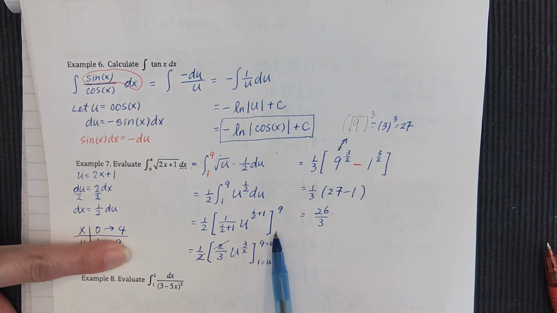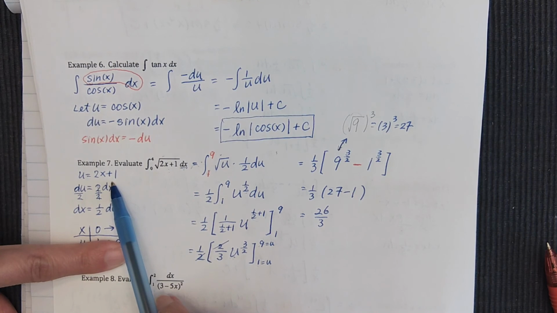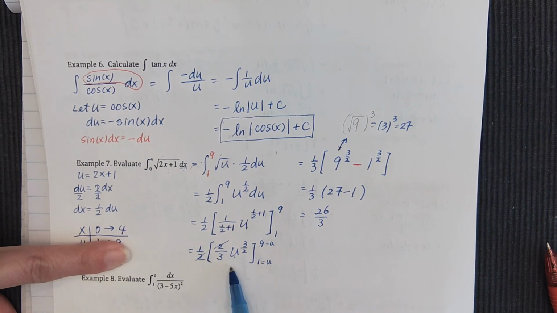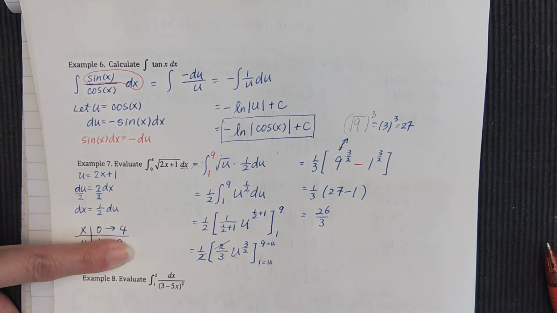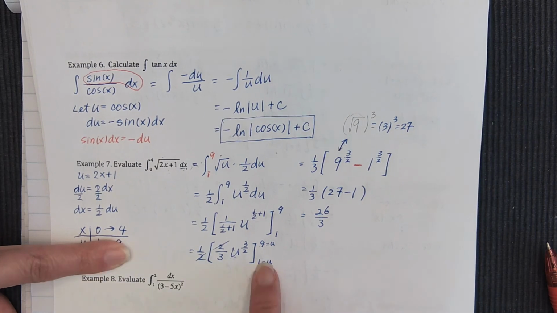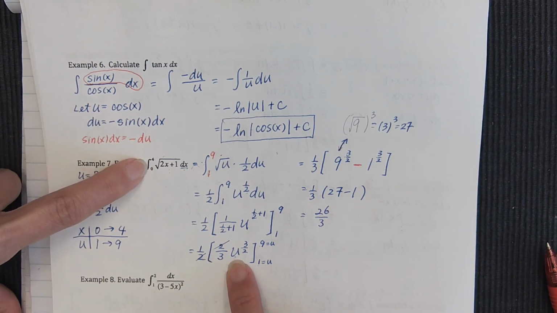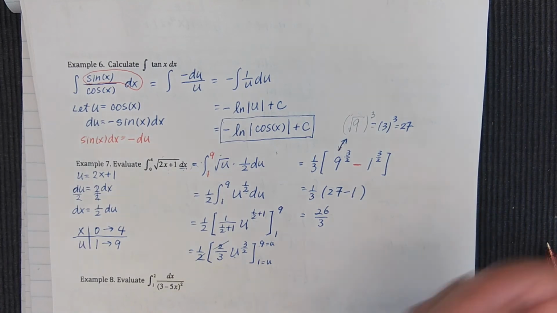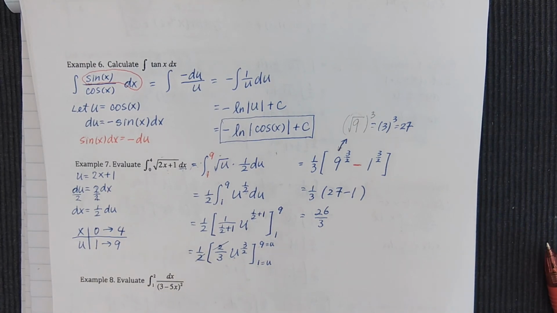Then you should substitute this u back to 2x plus 1, and then you can plug in 0 to 4. Does that make sense? Both ways work. You can either change everything to u, or go back to x and plug in the 0 to 4 later. It's going to be the same answer no matter what.